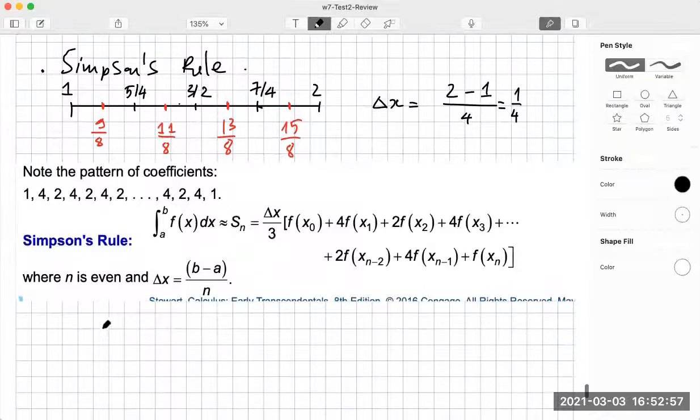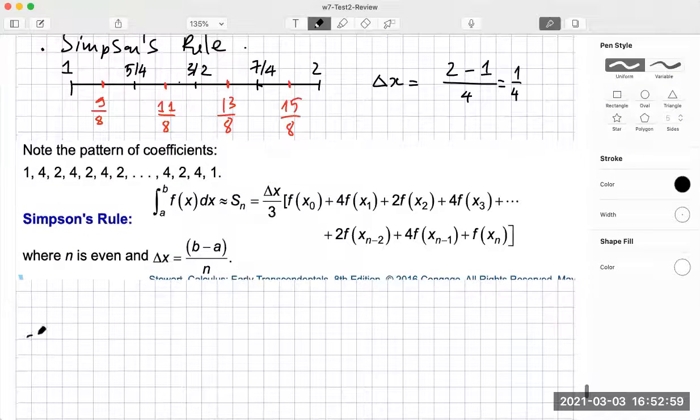Okay, it means that I will be delta x over 3. Okay, this is x0, x1, x2, x3, x4.